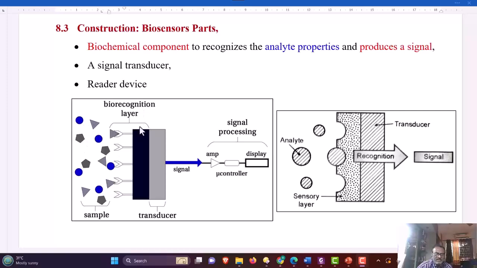The biorecognition element can receive only a particular type of element, and when it receives that element, a chemical reaction takes place, and the output of that reaction is converted by the transducer to an electrical signal. The electrical signal will be amplified, and maybe controlled by a microcontroller and displayed on a display, or recorded on a printer.